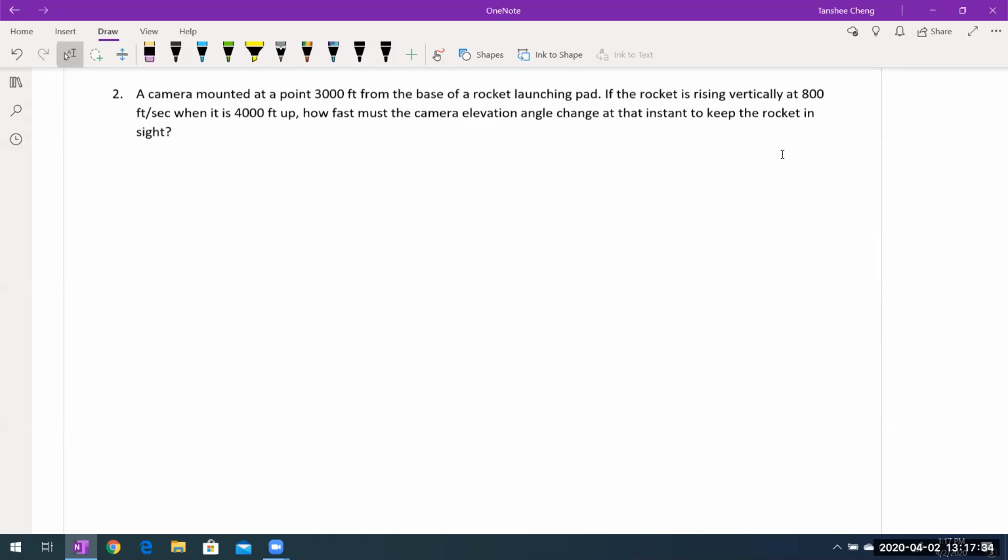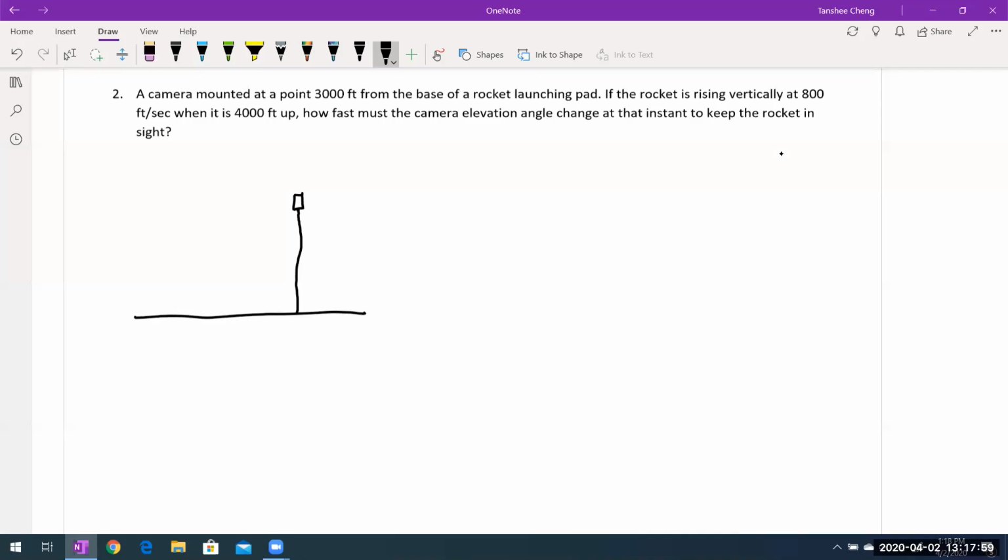So notice that in this problem we have a launching pad and the rocket is going up vertically, right?